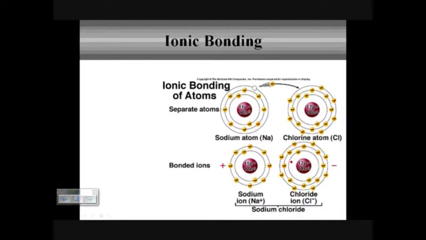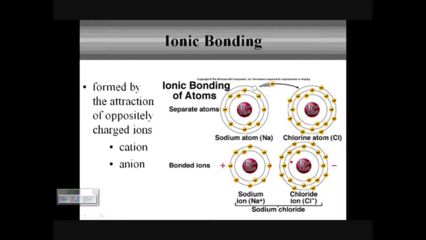One of our types of bonding that we're going to cover is ionic bonding. What we're really looking at in ionic bonding is that opposites are going to attract. So we're going to have positives and negatives, that cation being our positive, anion being our negative, and it's ionic bonding, which means it's bonding between ions, between charged atoms.